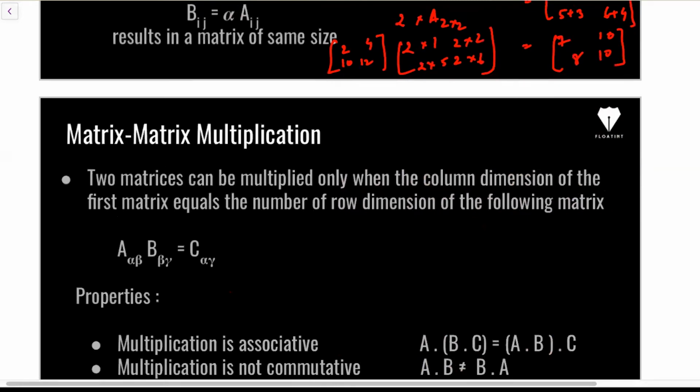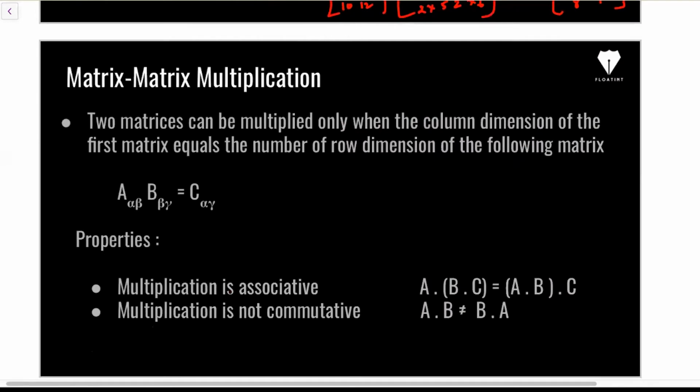Okay, so how does matrix multiplication happen? Here the matrices do not have to be of similar size, but you have one constraint. If you are multiplying two matrices A and B, you have to see that the first matrix's columns and the second matrix's rows should be the same. No matter what number you have, this can be 1,000, and this can be, let's say, 2.